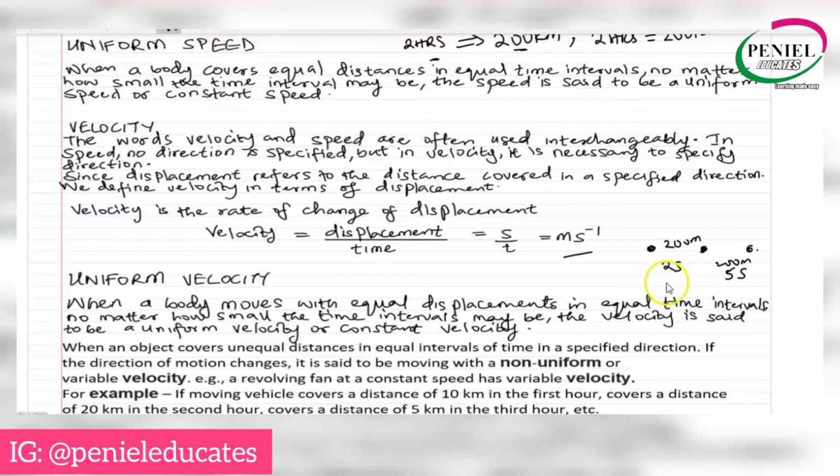However, when an object covers unequal distance in equal intervals of time in a specified direction, or if the direction of motion changes, it is said to be moving with a non-uniform or variable velocity.